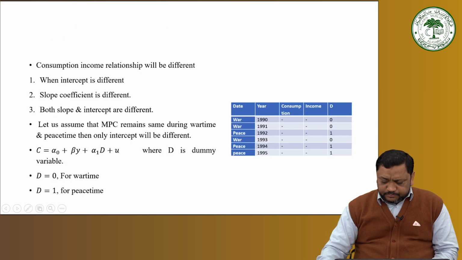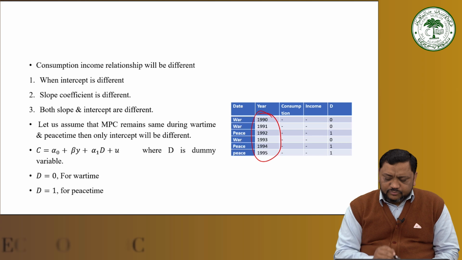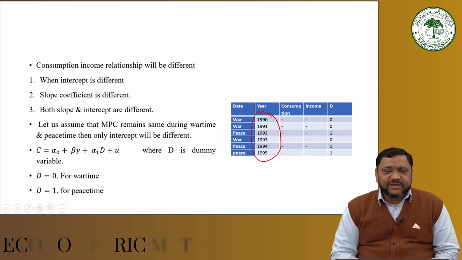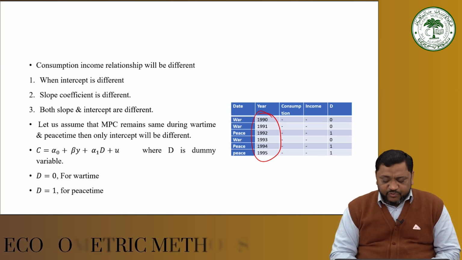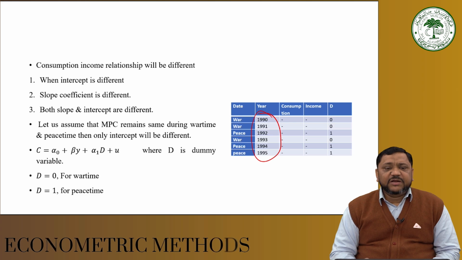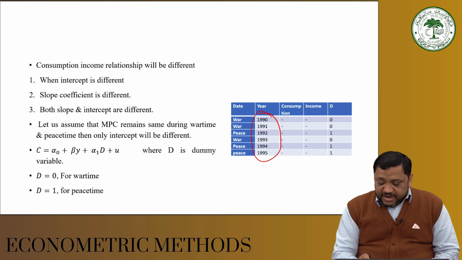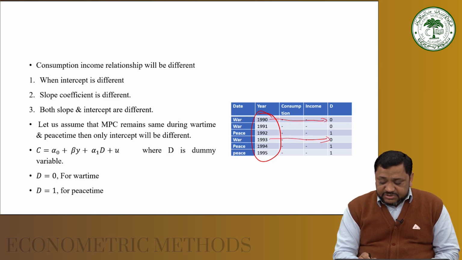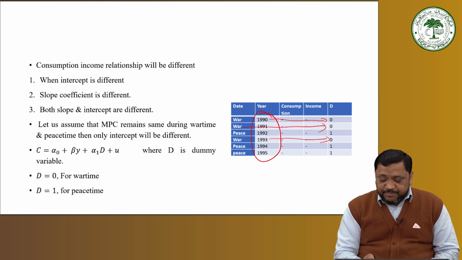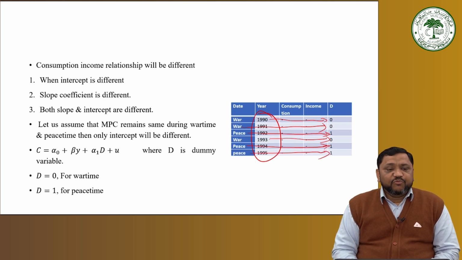Say 1990 is a period of war, 1991 is a period of war, then 1992 is a period of peace, then again 1993 is a period of war. So a period of war is given a dummy 0, and a period of peace is given a dummy 1.